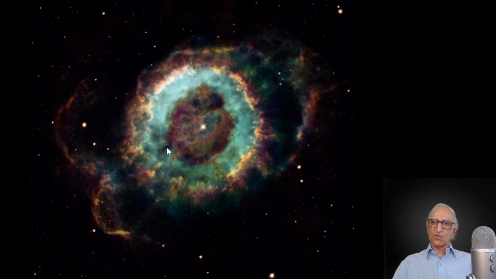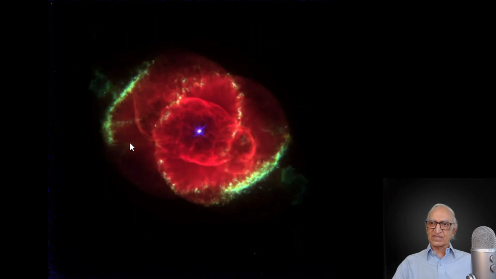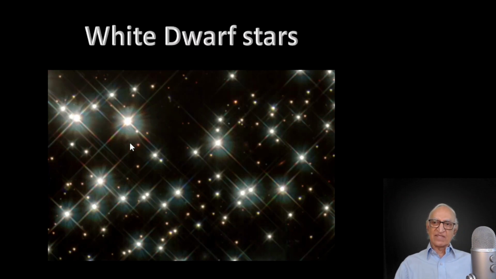This is the white dwarf, and this is the envelope of the red supergiant that has been ejected. This is a beautiful, beautiful picture. And these are all white dwarfs. Their radii are the radius of the Earth. Their mean density now is 1 million grams per cubic centimeter. And the galaxy is full of these white dwarfs.